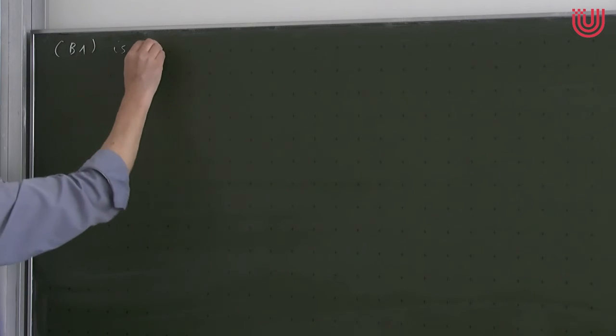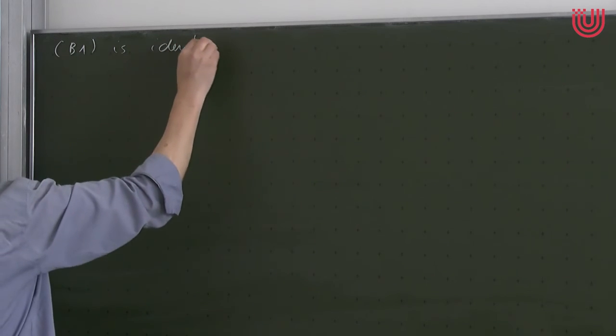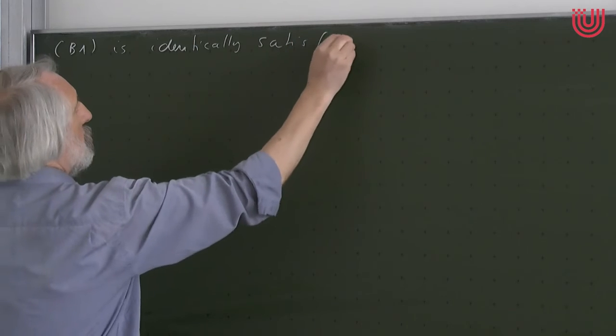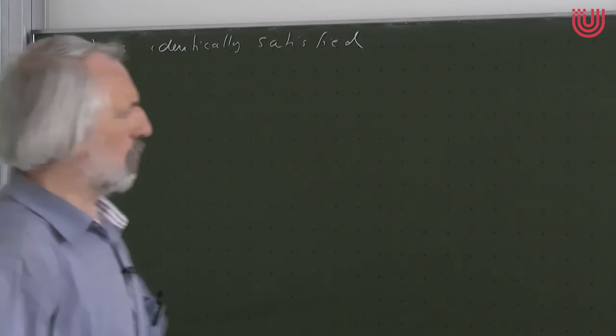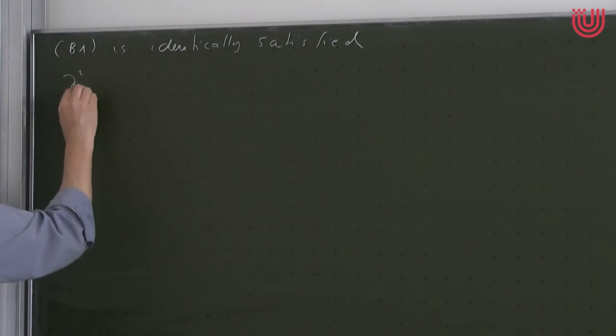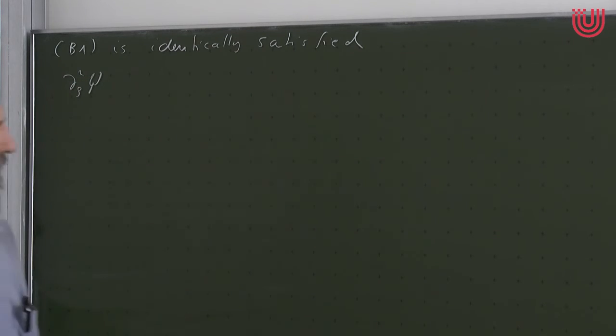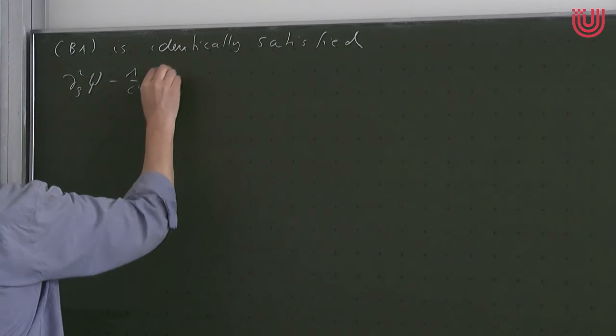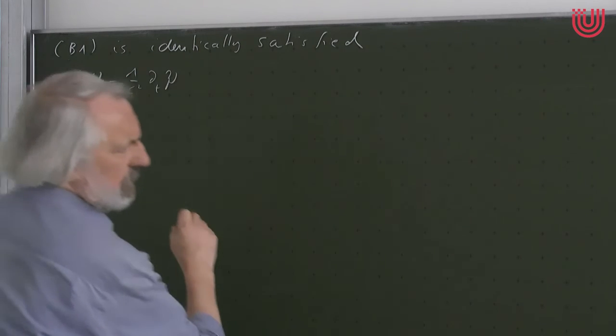So B1 is identically satisfied. Let's see what happens to the other equations. Here I have, well, with the psi I didn't do anything. So I have to copy this. Minus 1 over c squared, T, is this a second derivative or a square?